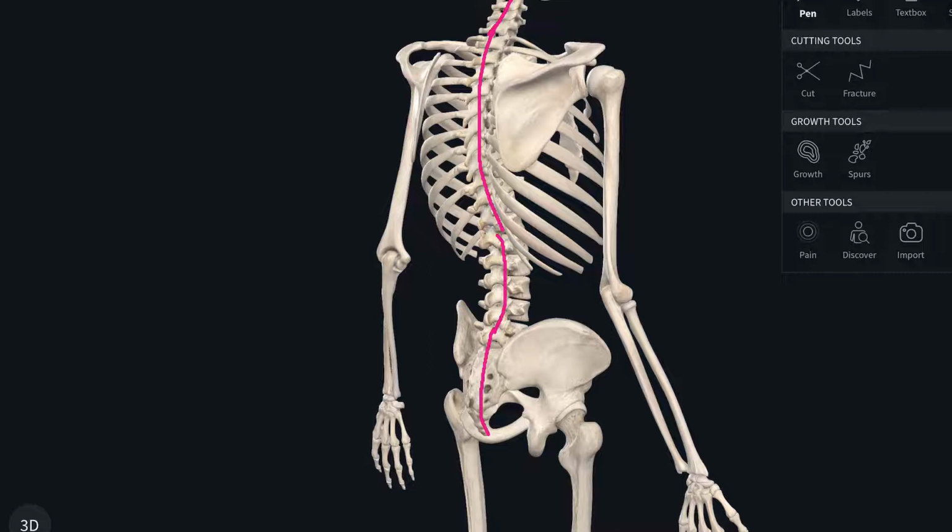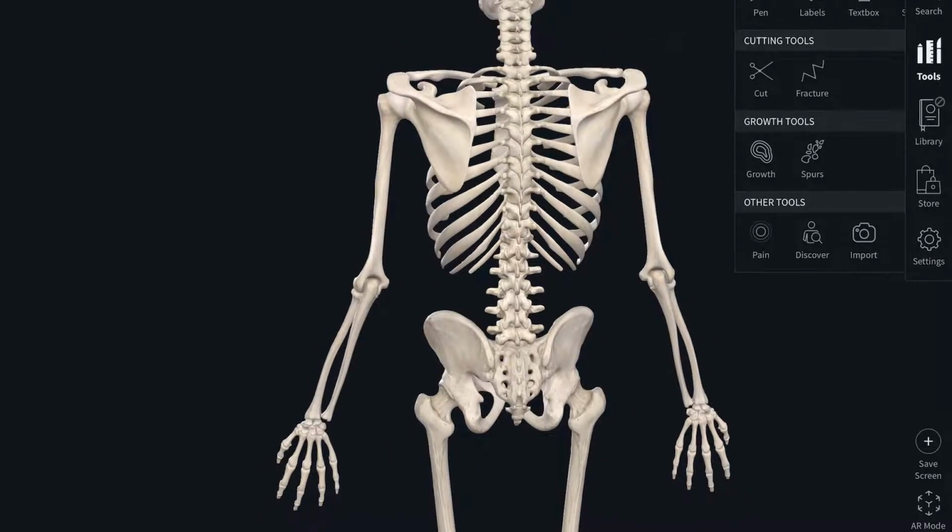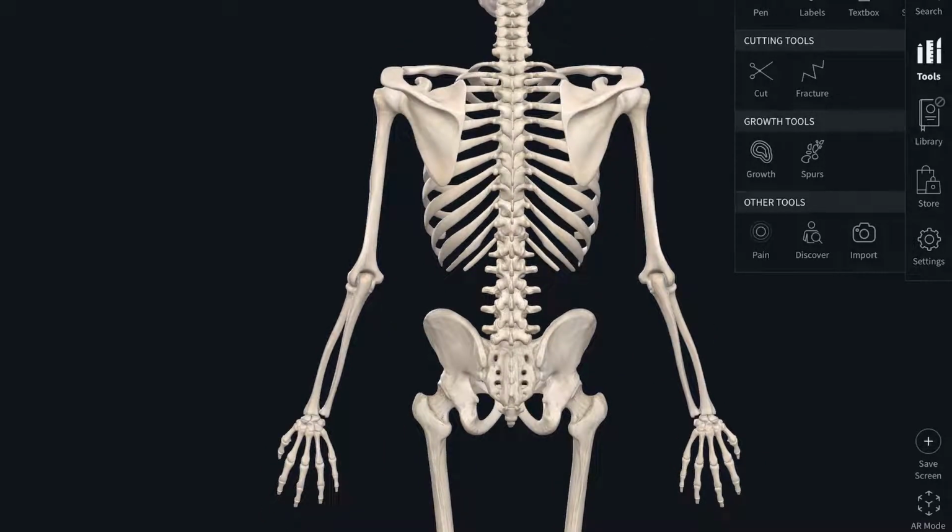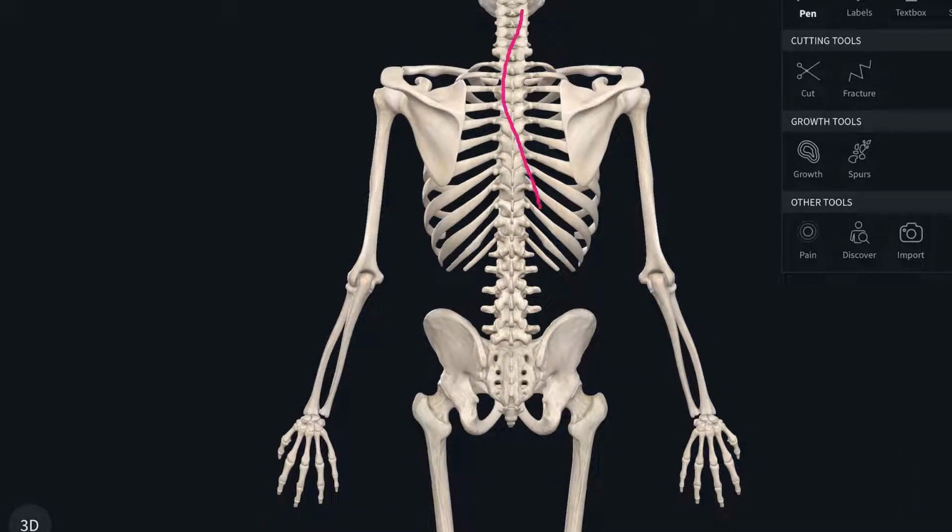Now, the lateral and rotational deviation of the spine is called scoliosis. And so people with scoliosis will typically have a spine that looks more like this. This is an S-shaped scoliosis. Or it can also look sideways, that it's misaligned from the top down.